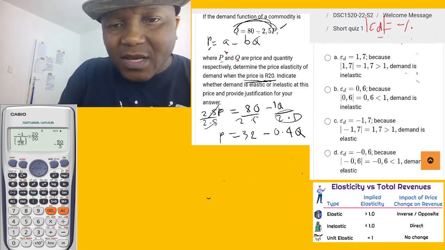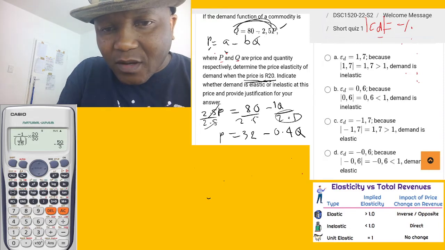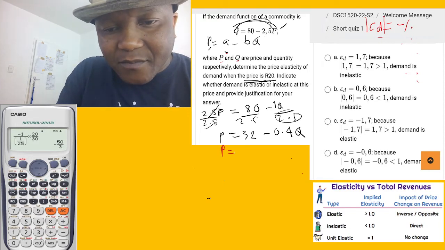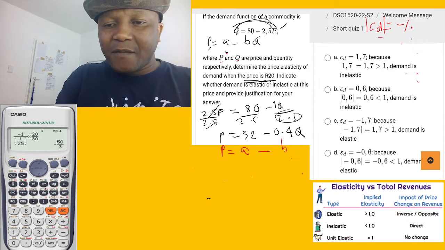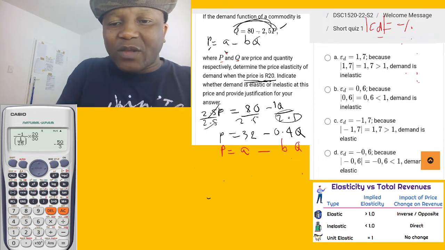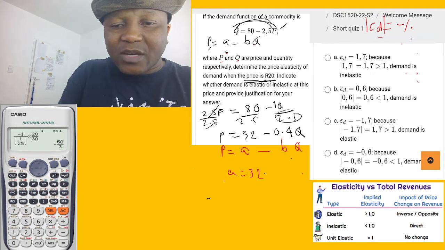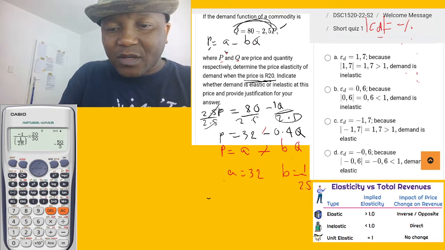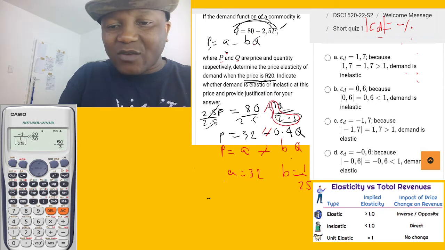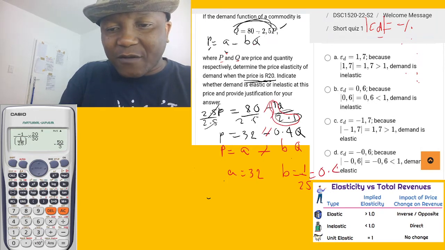So now we say P equal to A minus BQ. What is the value of A? Our A equals 32, and our B, look, negative and negative cancel, so B equals 0.4, or you can say 1 over 25.